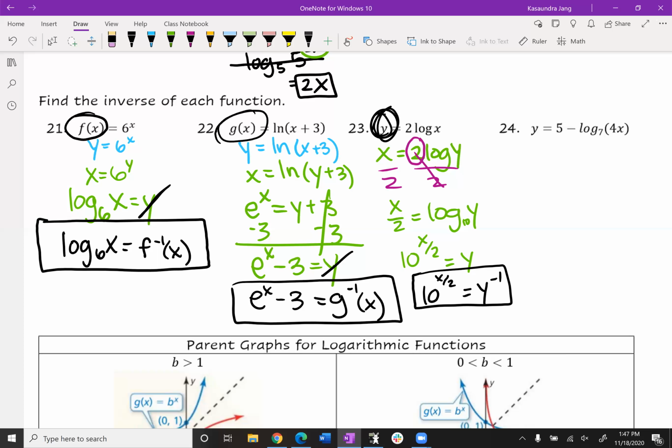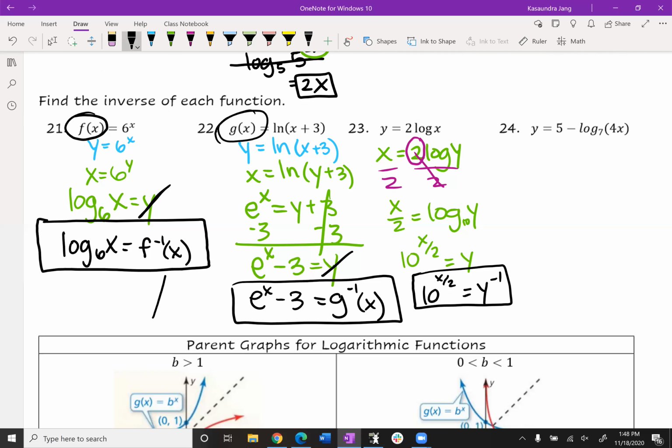Okay. All right, cool. And then Bailey, where were you trying to put the x? Good question. Because this one was an f of x, this one was a g of x. So I put f inverse of x, g inverse of x. This one just said straight up y though.